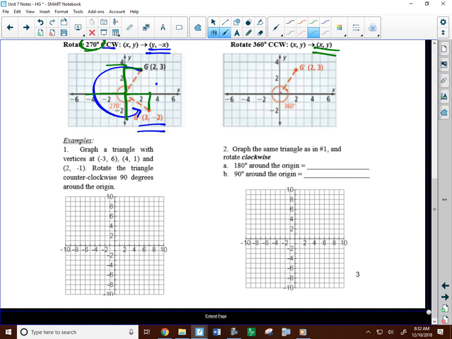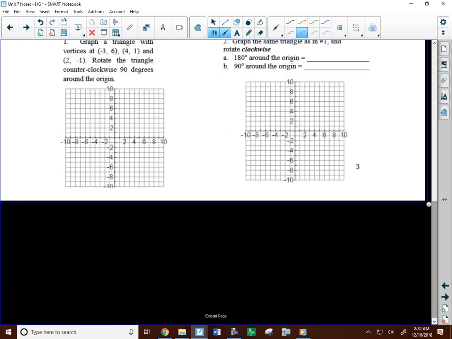Okay, number 1, let's just graph this triangle. Graph a triangle with vertices. So let's graph the original. 4, 1, 2, negative 1.